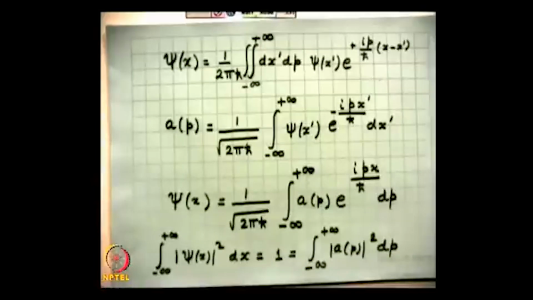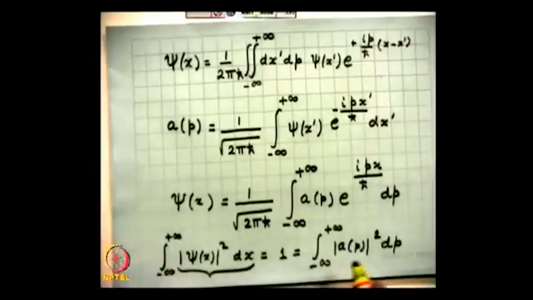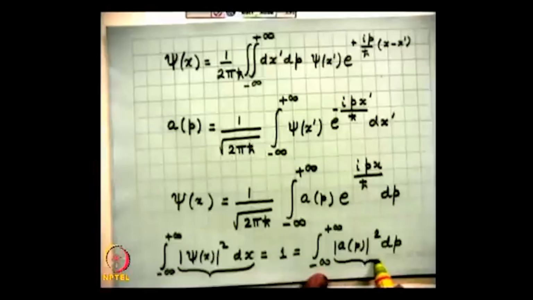And as we will show later, we will interpret mod psi of x square dx as the probability of finding the particle between x and x plus dx. We will also interpret mod a of p square dp as the probability of finding the x component of the momentum between p and p plus dp.